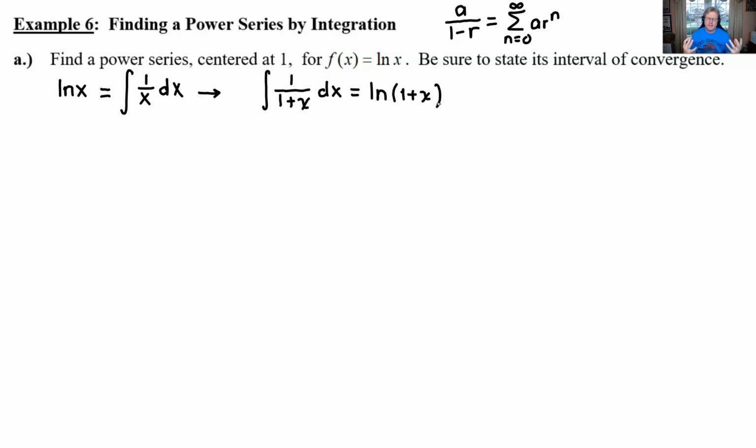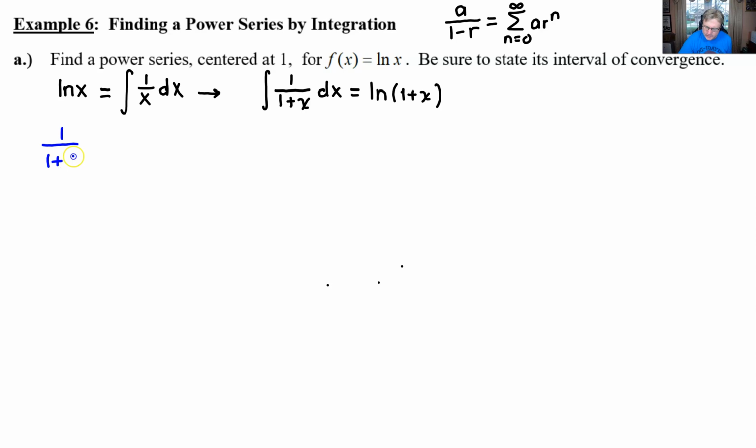And I don't have to think about the absolute values so much, because by the time I'm centered at 1 and I'm in this realm of positive numbers, I'm pretty sure that we're not going to need the absolute value. So let's go with the flow for right now. Let's think about this 1 over 1 plus x as being something that we could try to work with.